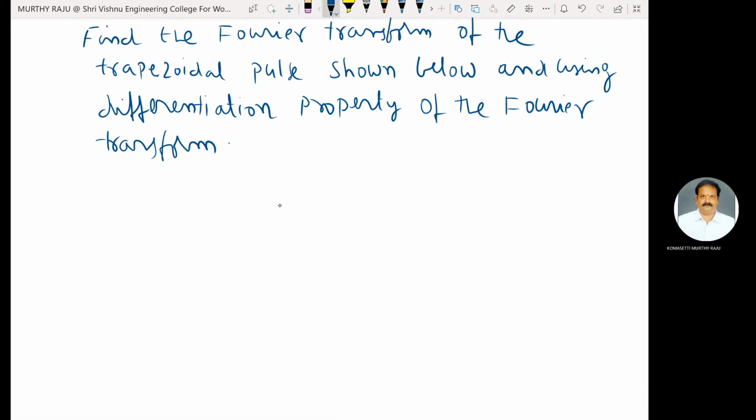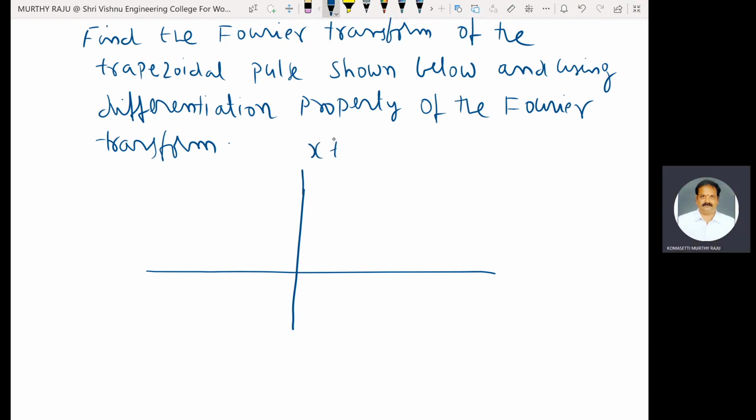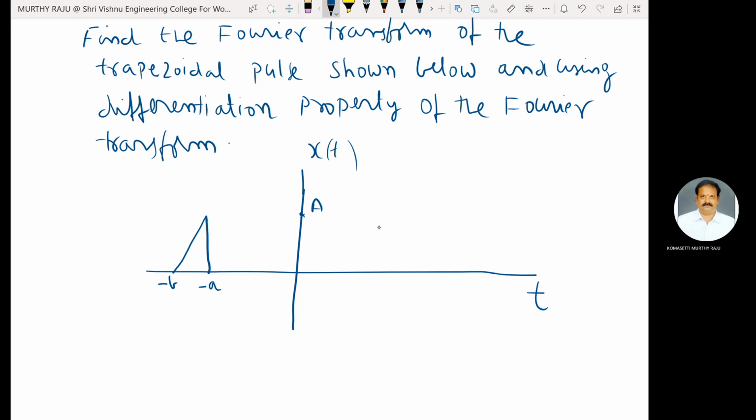This is the trapezoidal pulse, x of t, with the points minus b, minus a, a, and b on the t-axis, and 0.